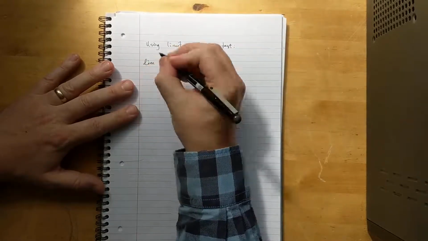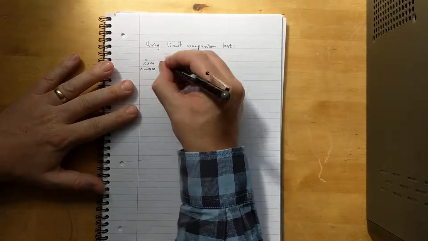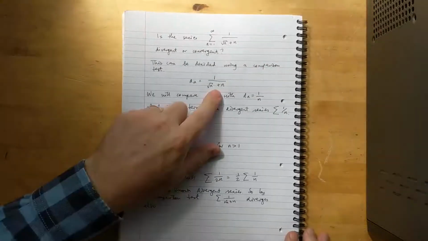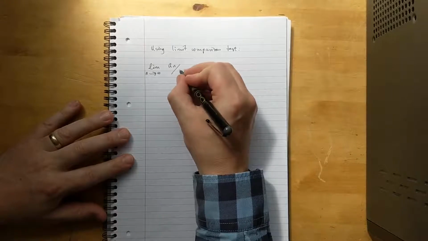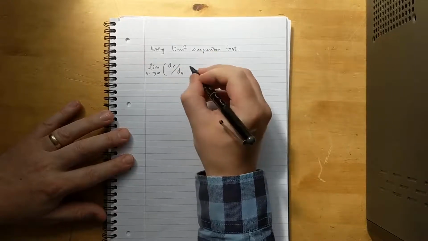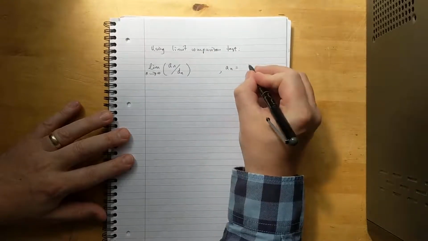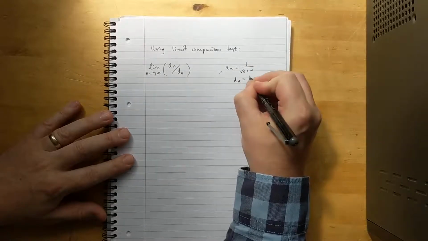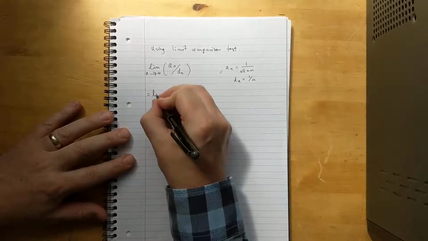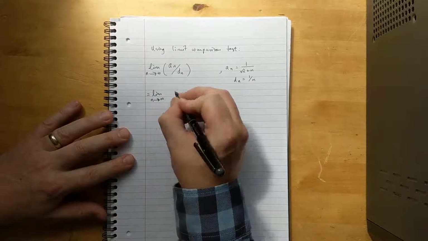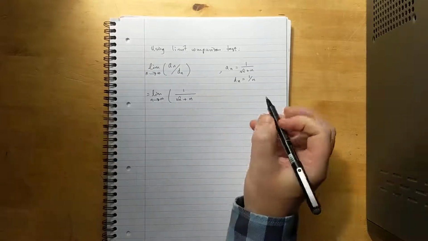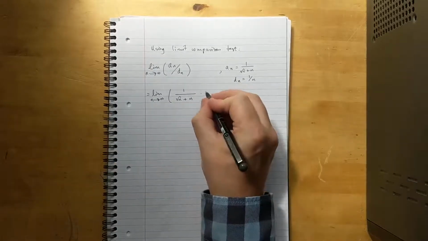Here you take the limit as n goes to infinity of the term we're investigating, an, that's 1 over root n plus n, divided by the term dn, which is 1 over n. So this limit is the limit as n goes to infinity of 1 over root n plus n, and when we divide by 1 over n, that's the same as multiplying by n.